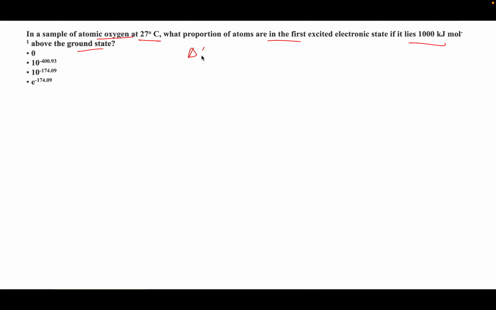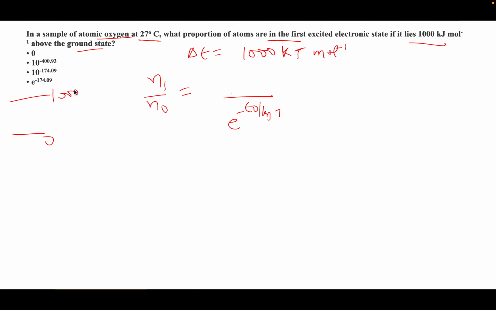So delta E is given, that is equal to 1000 kilojoule per mole, and N1 by N0 needs to be calculated. So N1 by N0 is equal to e to the power minus E1 by kBT, taking E0 as 0.